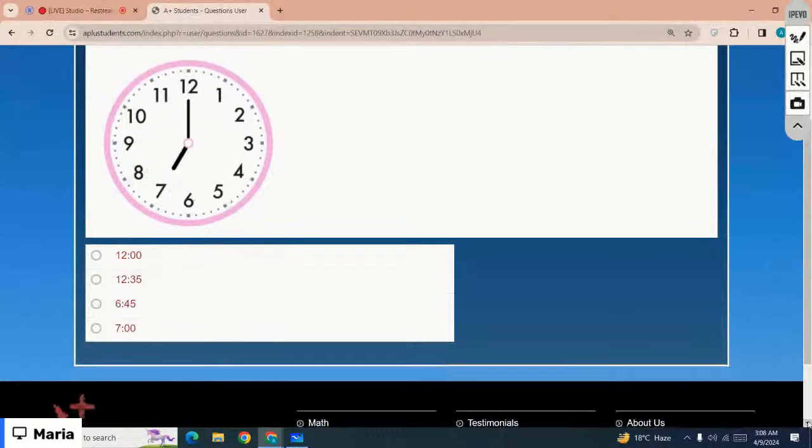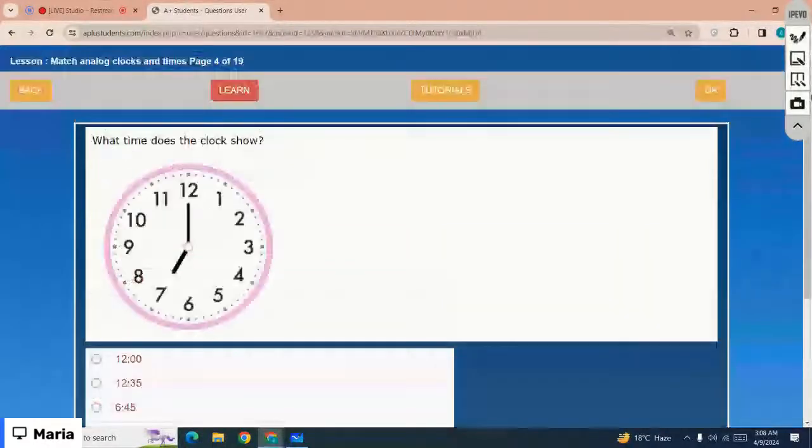The correct option is 7. The hour hand points to 7 and the minute hand points to 12. So that's 7 o'clock.